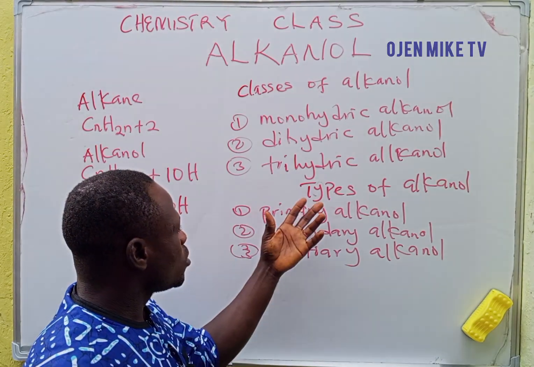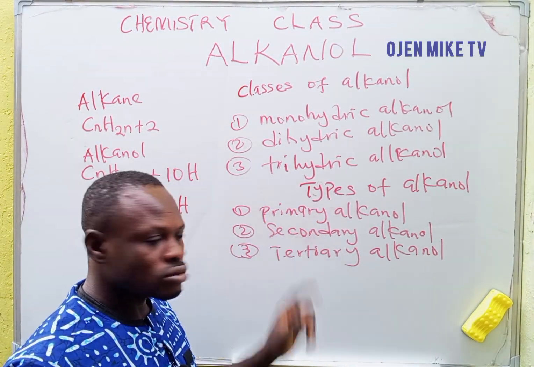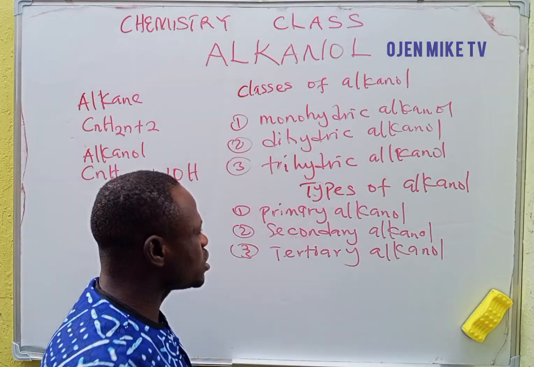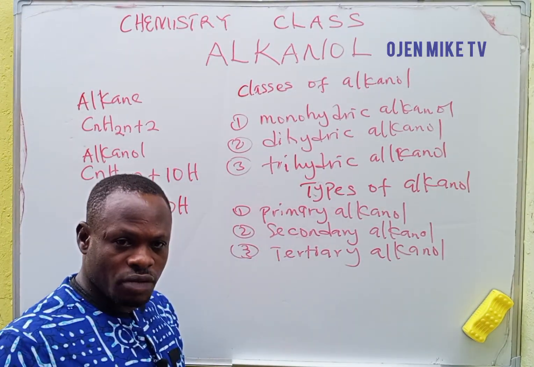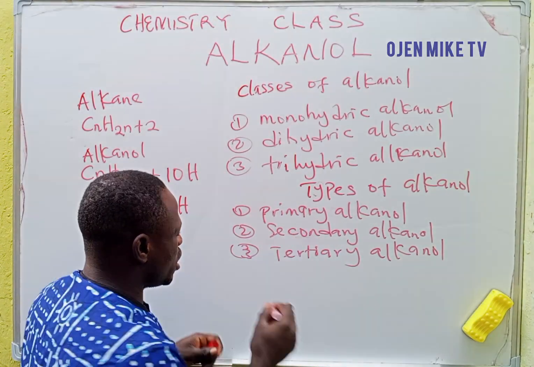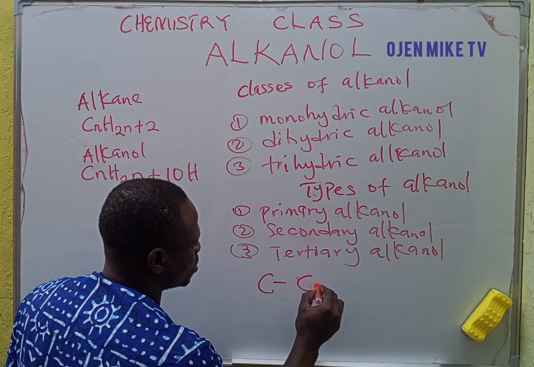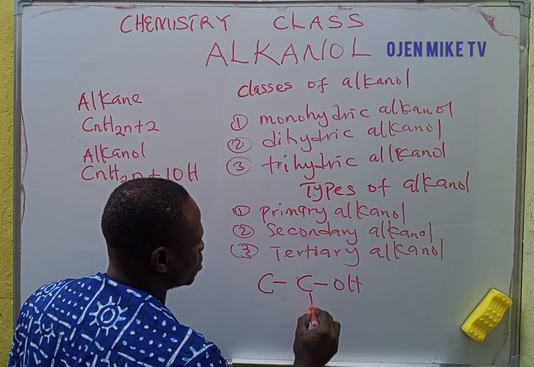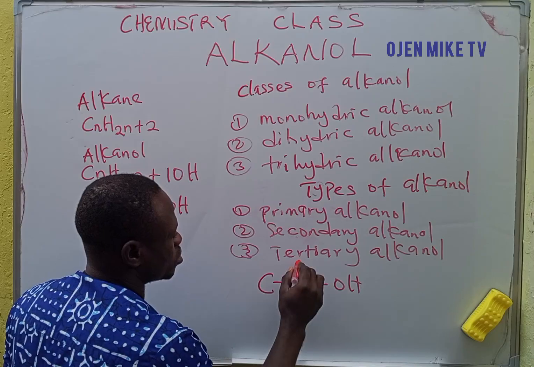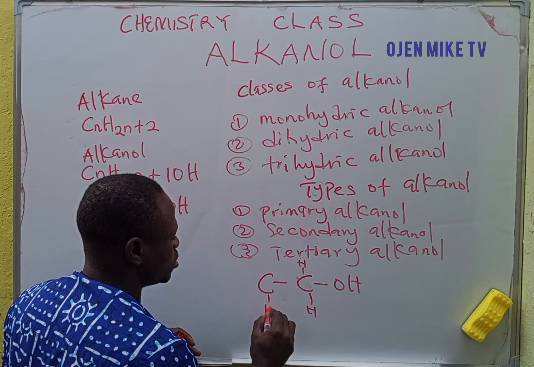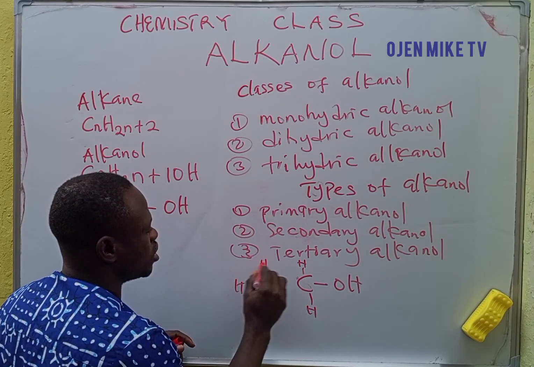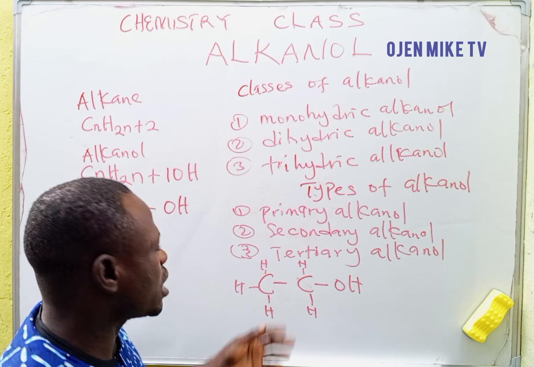Now for primary alkanol, let me write it like this: C-O-H, with H, H, H, H, H. Let me use this to define primary alkanol.